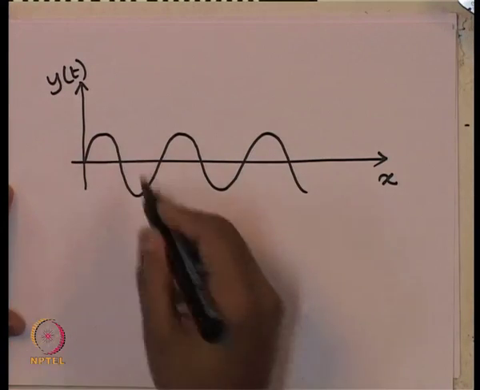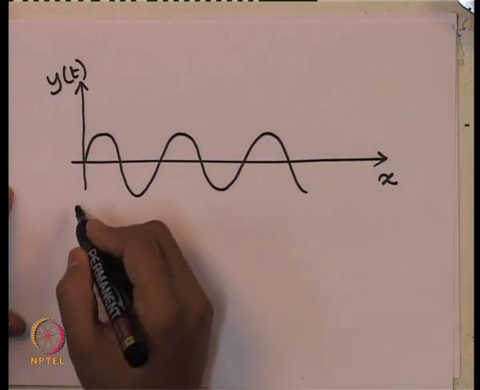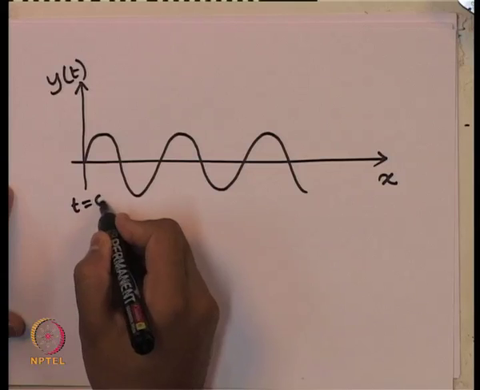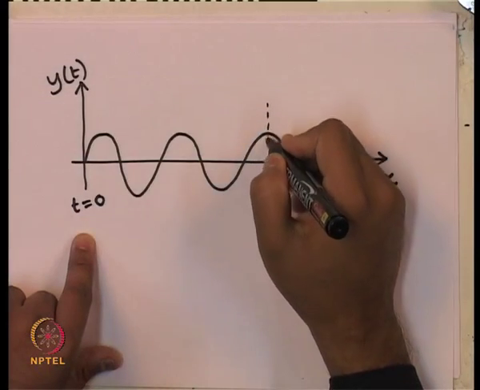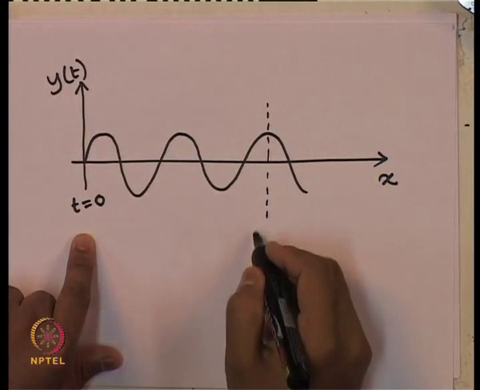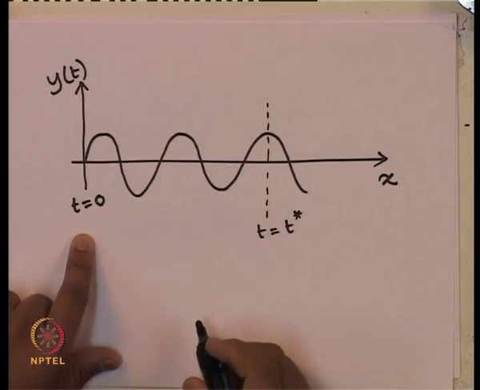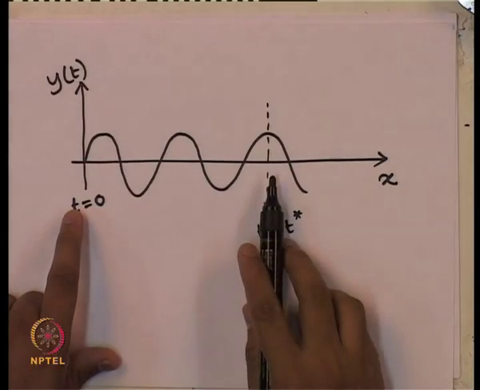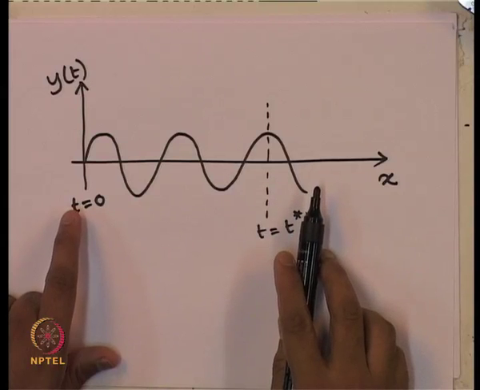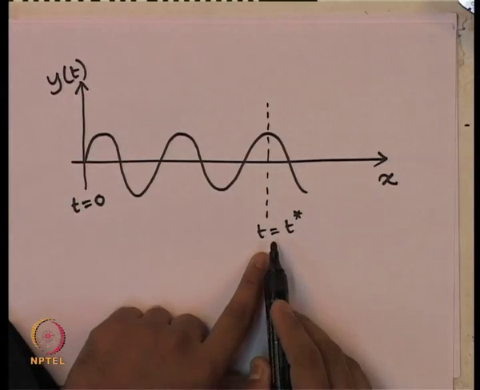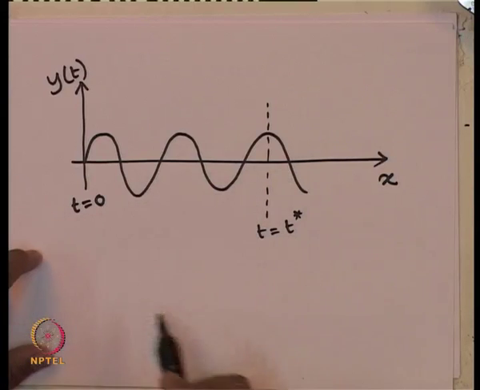That means ground undulations we have like this, and this is at t equals 0, and the vehicle has reached this point at t equals t star. After some time the vehicle has moved horizontally in the x direction. So it has reached, after time t star, some distance x star.